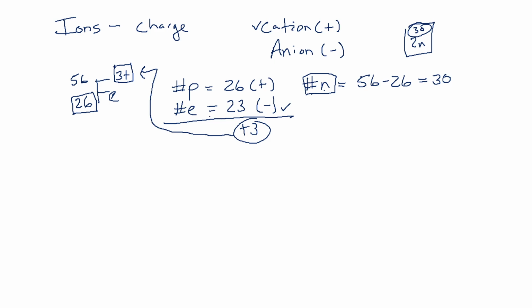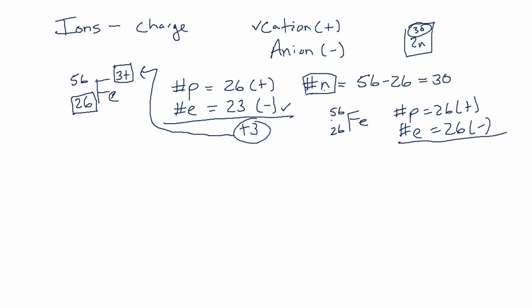How did we get to a +3? Well, if we come back and look at just our iron like we did on the previous slide, with no charge, our number of protons was 26. Our number of electrons was 26. And the difference between our neutral iron and our iron with a +3 charge, as we can see, is the number of electrons. It actually lost electrons, which is basically how you make a cation.